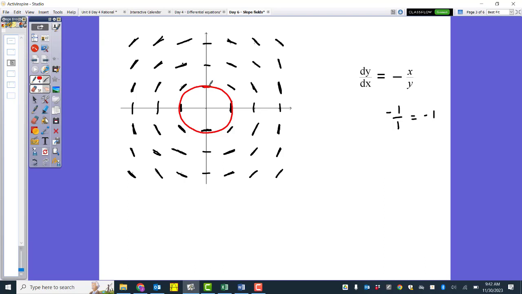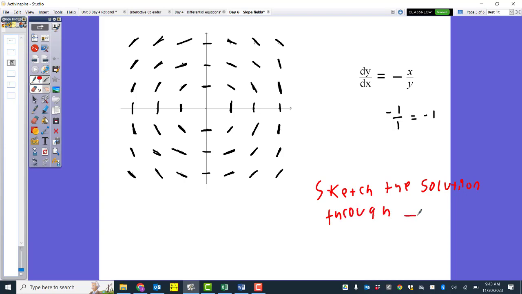All right? Now, one thing I will tell you, and the AP exam will tell you to do a lot of times, is not only graph the slope field, but also sketch the solution through a given point.